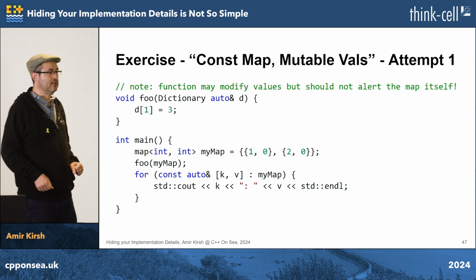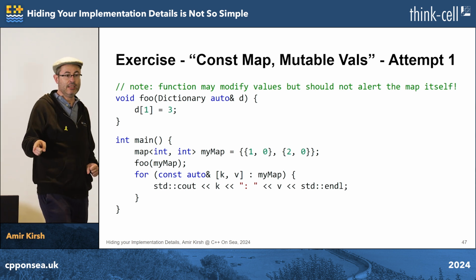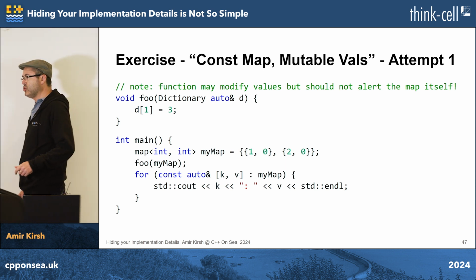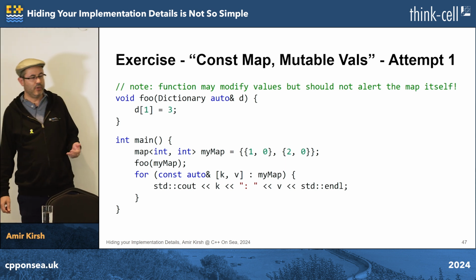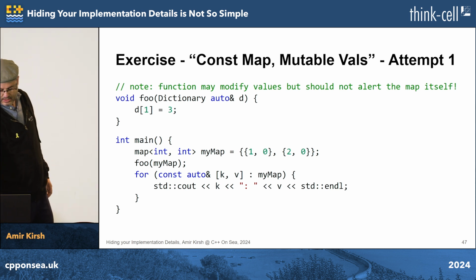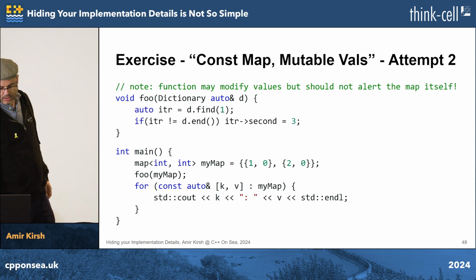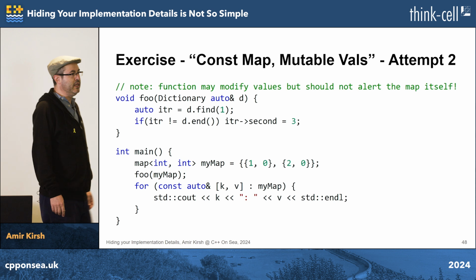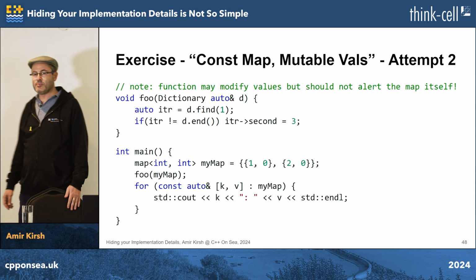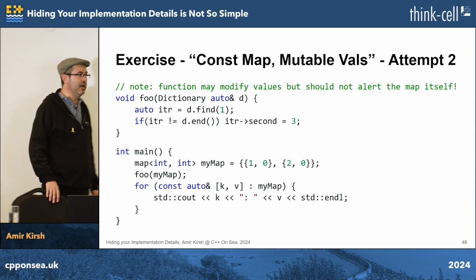Would it help? Well, first, this is not what we're doing inside foo. Inside foo, we are calling square brackets, and square brackets can actually create a new entry in the map. So if this is what we are trying to convince ourselves is the solution, maybe better to have a dictionary that does not expose square brackets. But maybe it exposes find. Maybe with find you can do things.